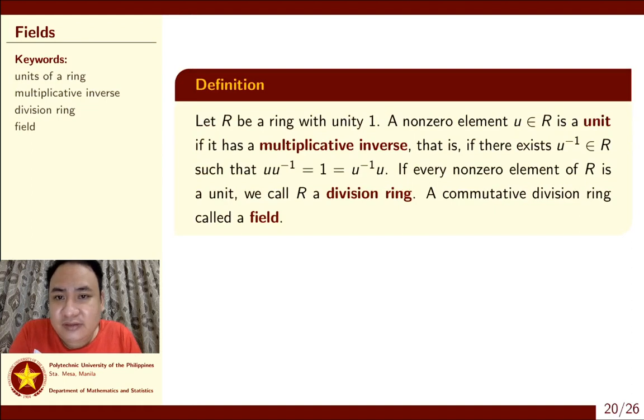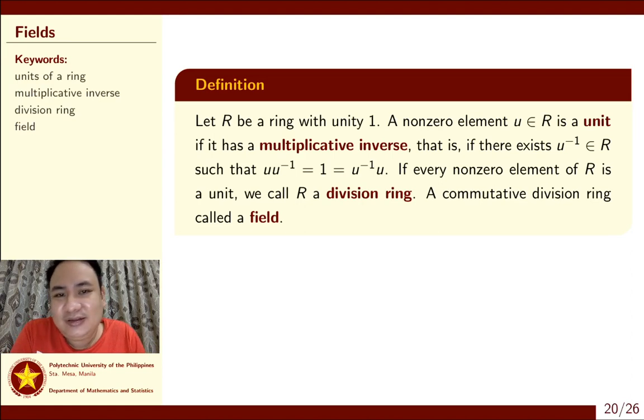So let's look at this definition. Let R be a ring with unity 1. A non-zero element u of R, non-zero si u, is a unit if it has a multiplicative inverse. So, lahat ng mga elements na may multiplicative inverse sa ring ay tinatawag nating unit. Pero by default, ang 0 ay hindi unit, kasi by definition.